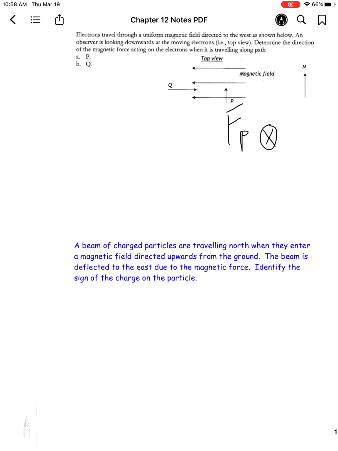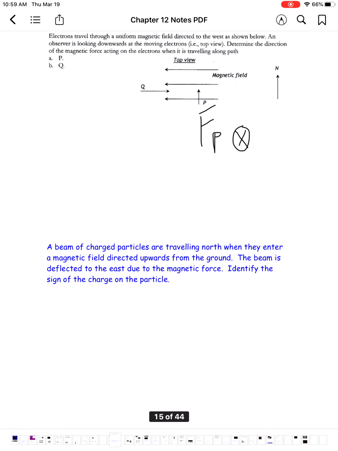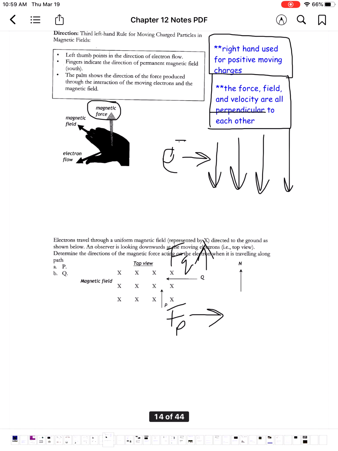So what that tells us, and if we go back a page here, is that this doesn't follow our perpendicular rule, because they're not perpendicular to each other. They're going to be the same kind of direction, but just opposite. So that's not going to work.